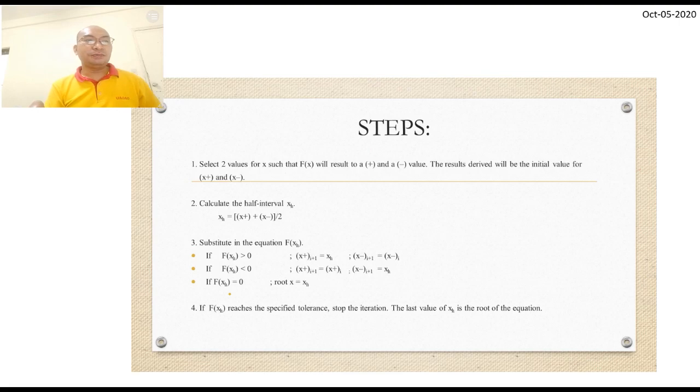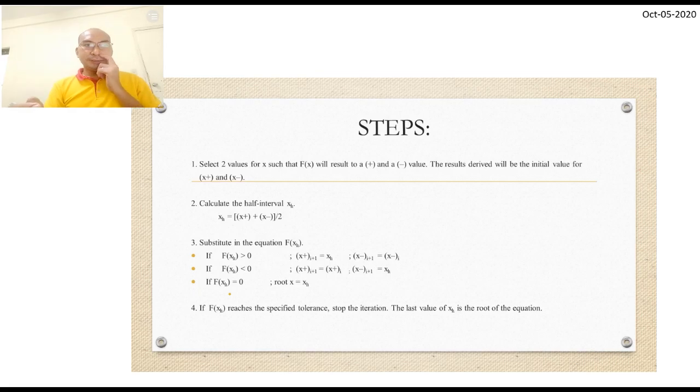Or if the f of x sub h equals 0, then the root x will be equal to x sub h. If the function of x sub h reaches the specified tolerance for the error, you stop the iteration, and the last value of the x sub h will be the required root for the equation.